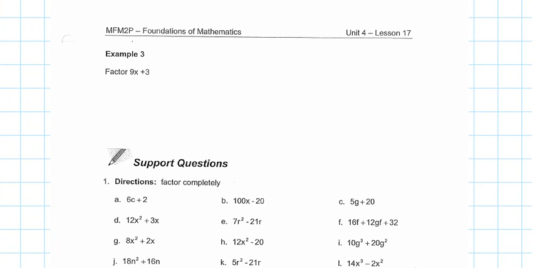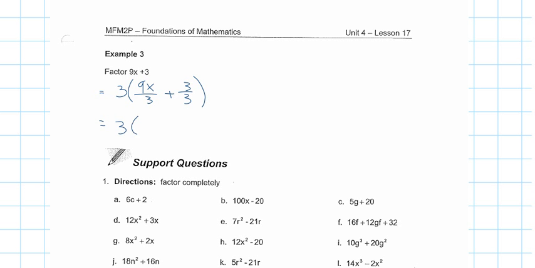It is not in both terms, so there's no x. So my greatest common factor is 3, and I'm going to divide each term by 3. You see that? So what's 9x divided by 3? 3x. And what's 3 divided by 3? 1. That's it.